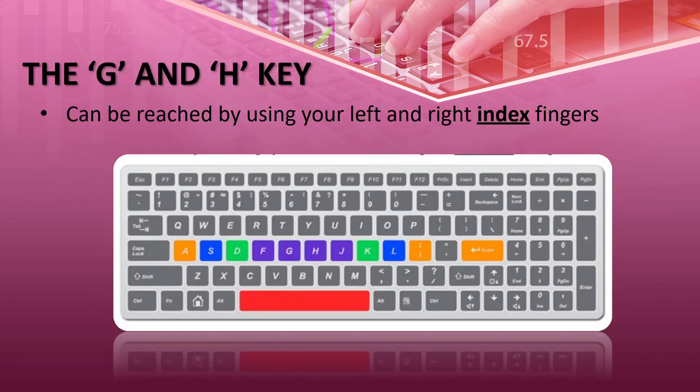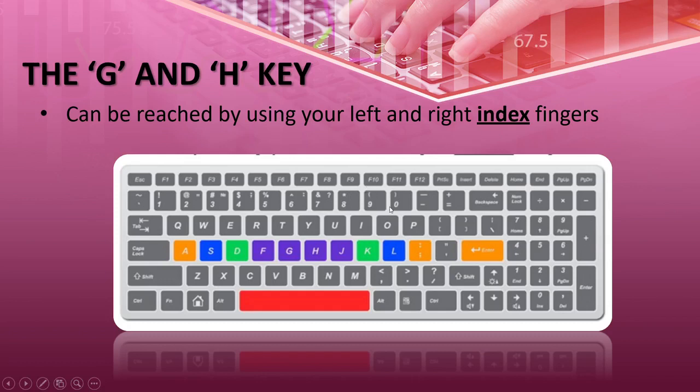Now see the G and H key. At the home row we have G and H keys extra. So we indicate them with purple color. What color? Purple color. Which finger does it indicate? Index finger, right? The first finger, or we call it the index finger. So the G and H keys are reached by using your left hand and right hand index finger.